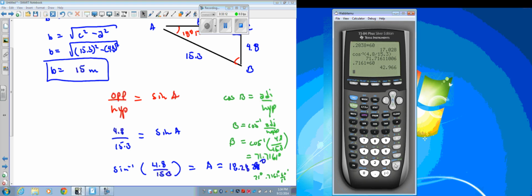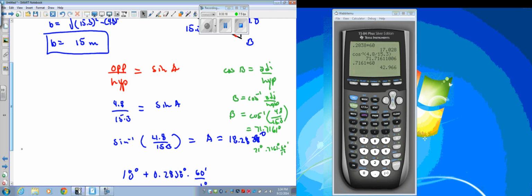And now I'm going to have 42, and I don't really care if you call it 42 or 43. Why do you keep going down to the minute or the seconds?